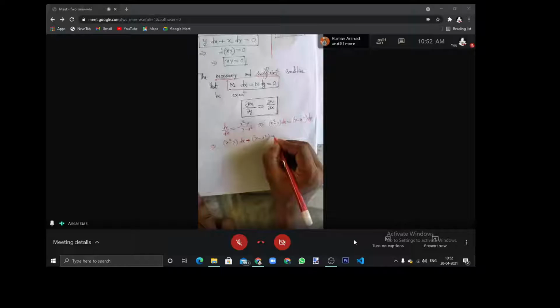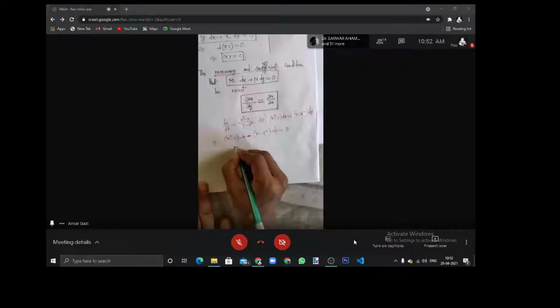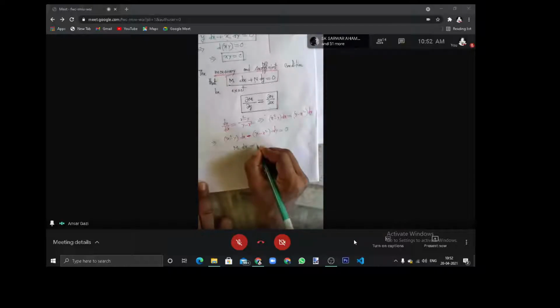Differential equation of the form M dx plus N dy equal to 0. Look here, M dx plus N dy.